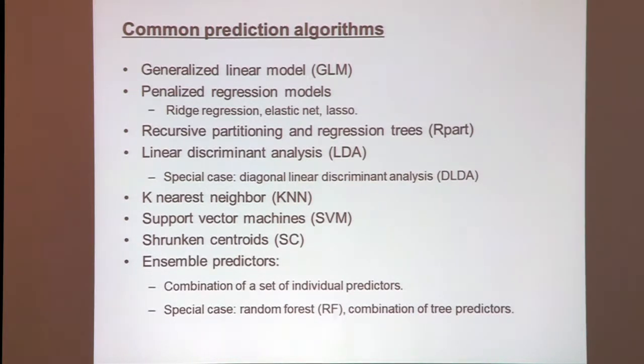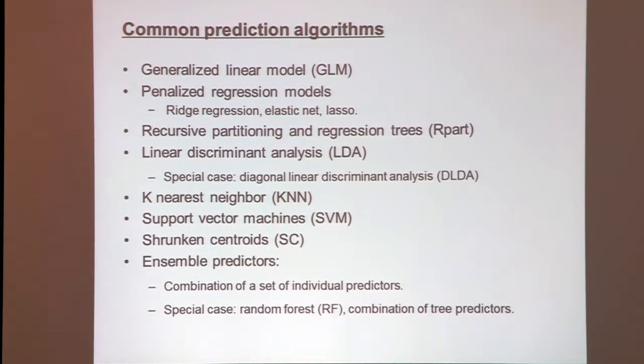These are very popular approaches in genomic applications. Then you may have heard of so-called tree predictors, classification trees, and RPART, and so on. And other techniques are linear discriminant analysis. That's an age-old method. K-nearest neighbor predictors, support vector machines, shrunken centroid methods by Tibshirani et al.